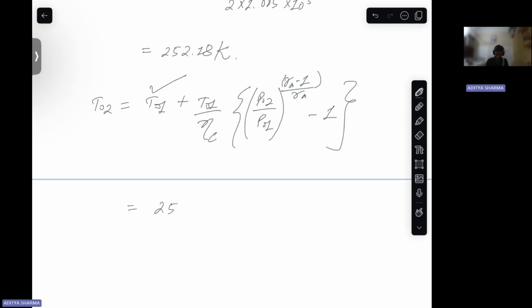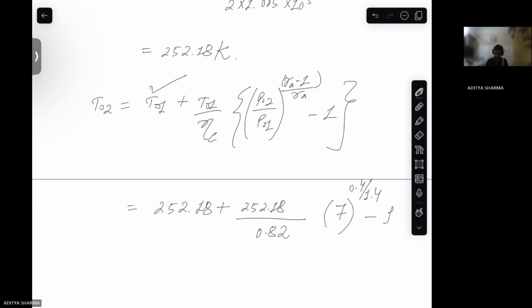If we place this 252.18 plus 252.18 divided by efficiency of compressor is 0.82. Then this ratio P naught 2 by P naught 1 is basically pressure ratio of compressor. This is 7. Then gamma is 1.4. So this will become this, right?